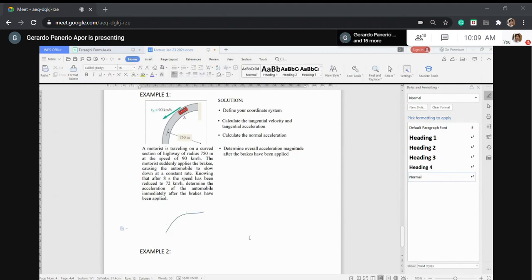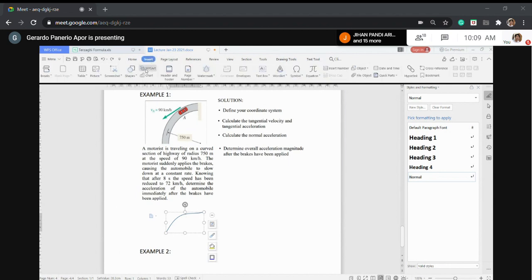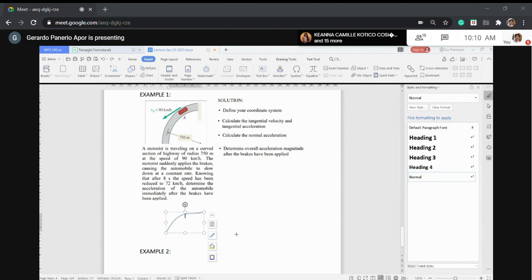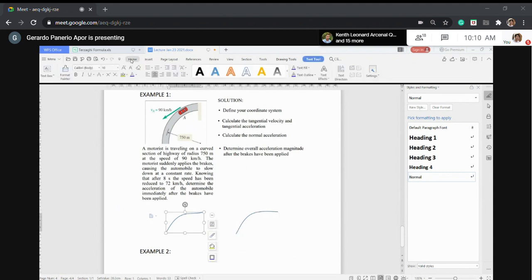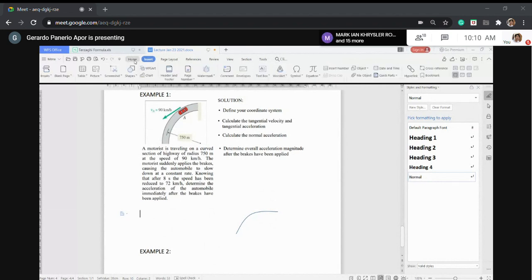Okay. So that is the curve. Insert shape. This is the curve, a gentler curve. Okay. Then, let us say the arrow.